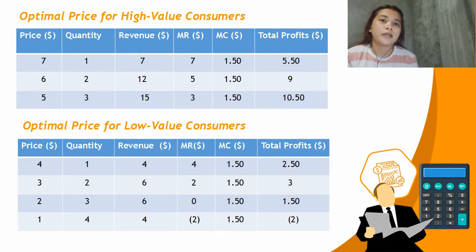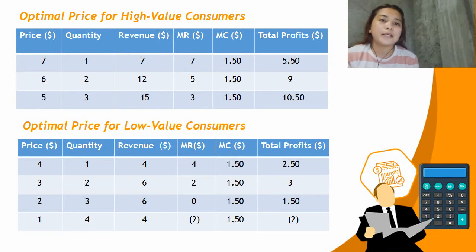We have here the low-value consumers. If the price is 4, the quantity is 1, the revenue is 4, the marginal revenue is 4, the marginal cost is 1.5, and the total profit is 2.5.